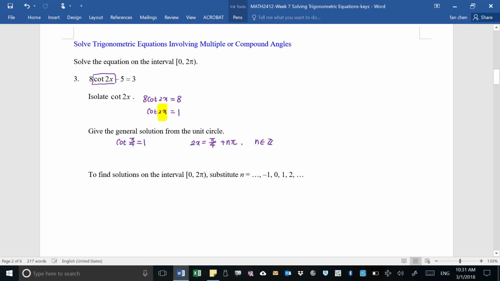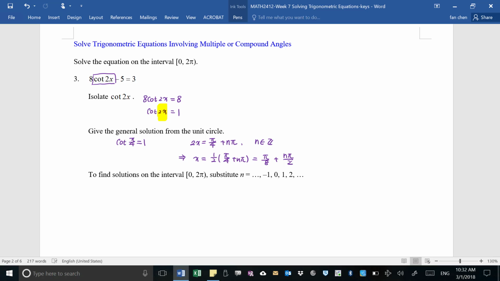And then I can solve for x, which means x is equal to half of pi/4 plus n pi, which means pi/8 plus n pi/2. Okay, so that is your general solution.